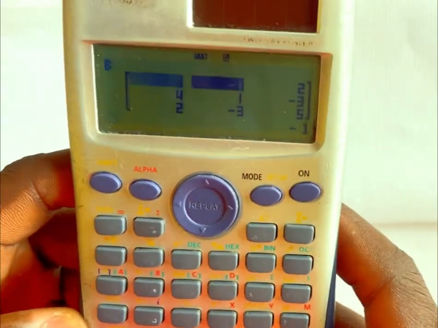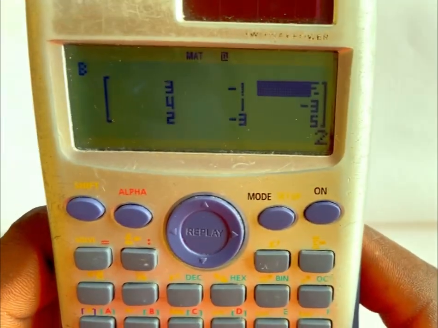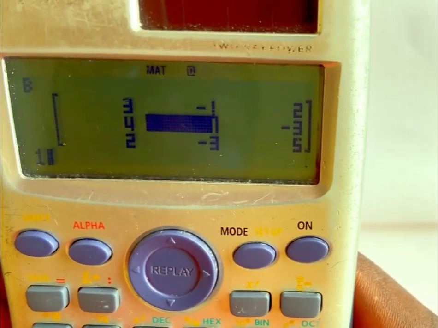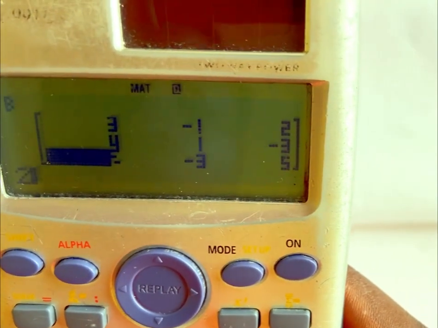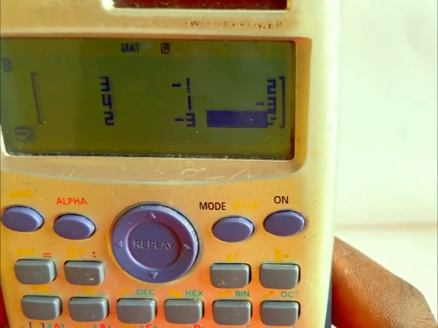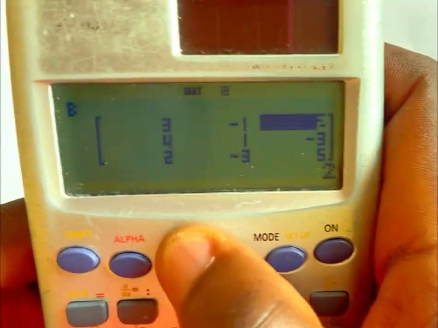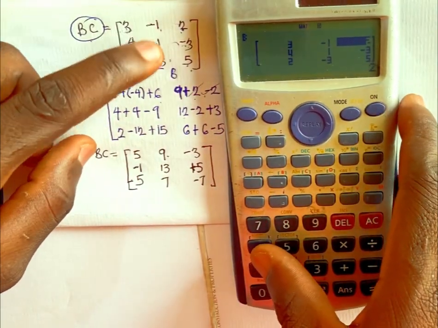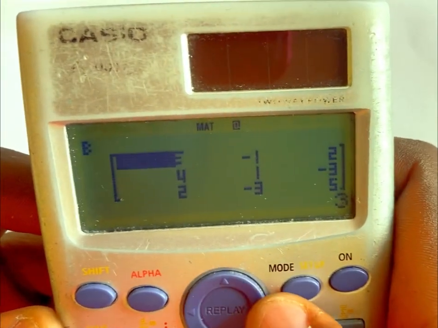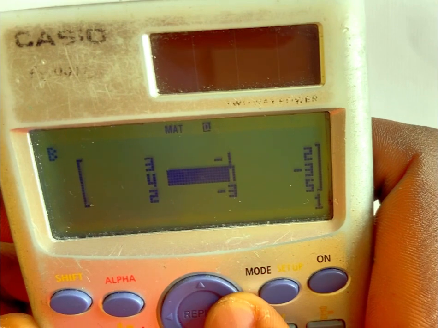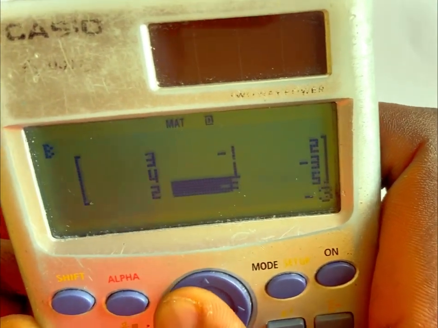You press 3 equals, then minus 1 equals, then 2 equals, followed by 4 equals, followed by 1 equals, followed by minus 3 equals, followed by 2 equals, minus 3 equals, then 5 equals. Now if you look at this, we've pressed everything: we have 3, minus 1, 2, 4, 1, minus 3, 5, minus 3, and also 2 here.